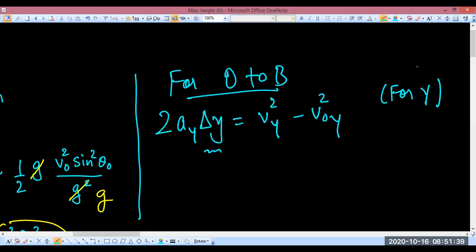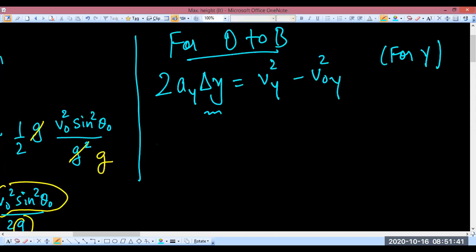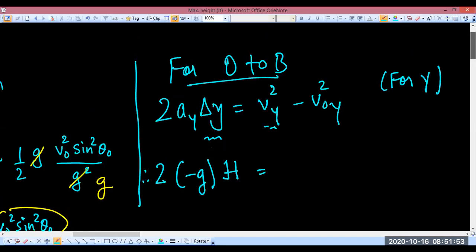Clear? Third equation for y-axis. Let's put all the values that we know. 2ay is minus g. You must have memorized it by now. Delta y is h. Vy, final y component of velocity. Which point is final? Which point is final? Look at this. Which point is final, everyone? Just because one method is done, you fell asleep? Which point is final?